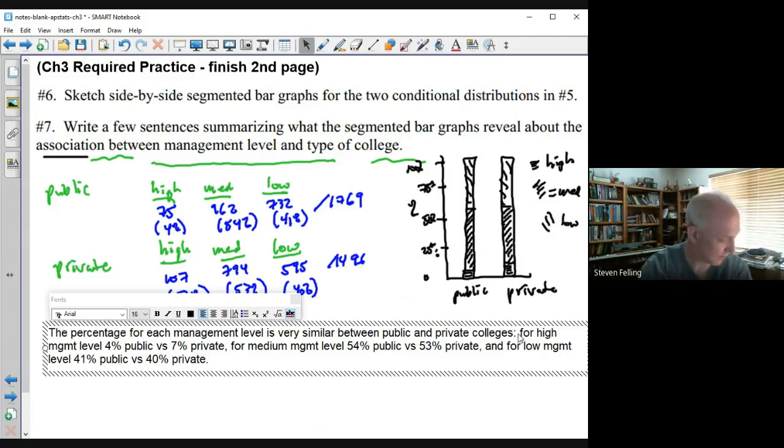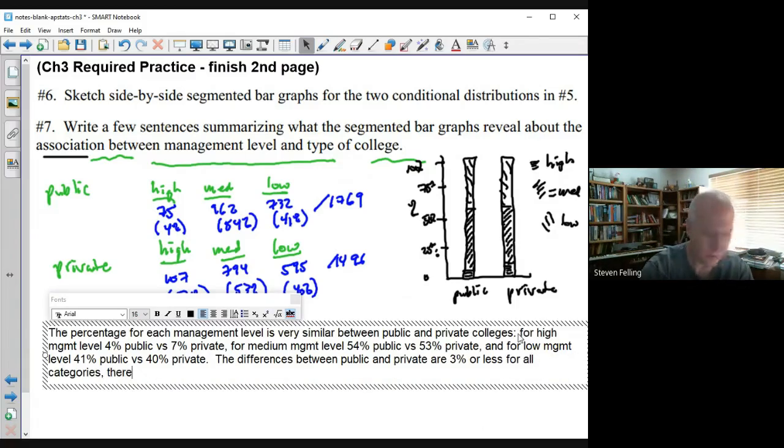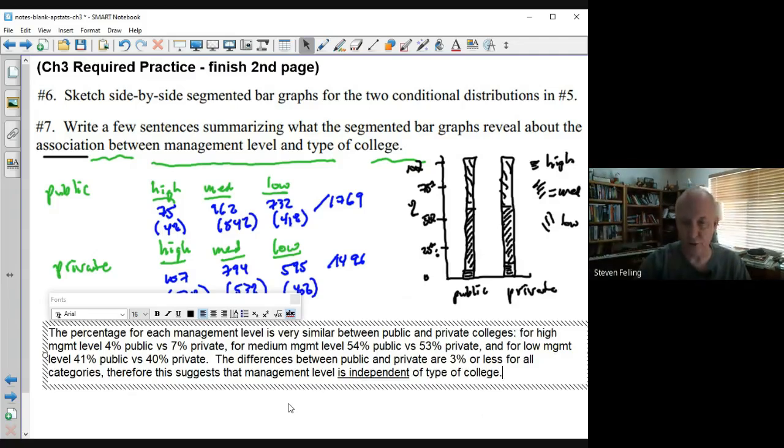And I would say the differences between public and private are 3% or less for all categories. Therefore, this suggests that management level is independent of type of college. Okay, so this is the correct way to answer question 7.